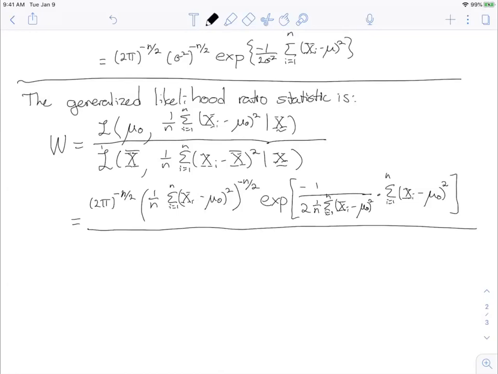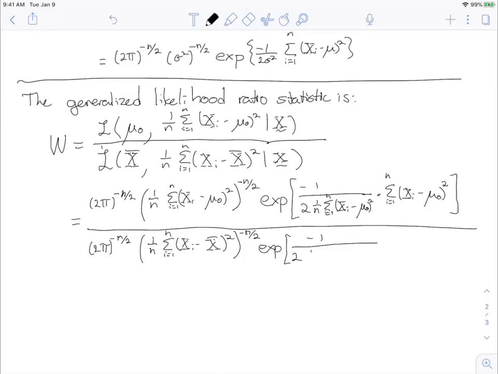For the denominator, I have a 2 pi to the power of minus n over 2. And then I have a sigma squared at the top of the screen. The expression I'm working with now is sigma squared to the power of negative n over 2. For the denominator, where there's a sigma squared, I'm plugging in 1 over n sum i equals 1 to n xi minus x bar squared, and then times e to the power of negative 1 over 2 sigma squared.